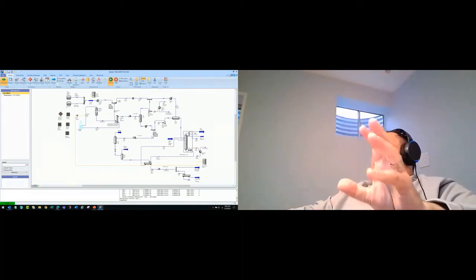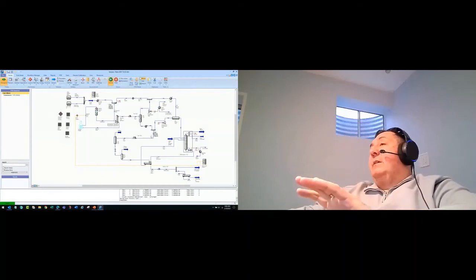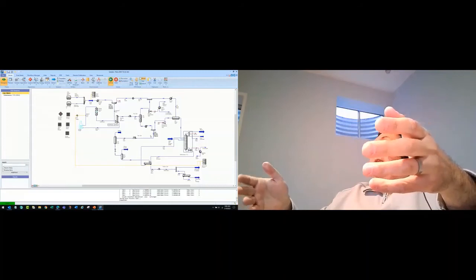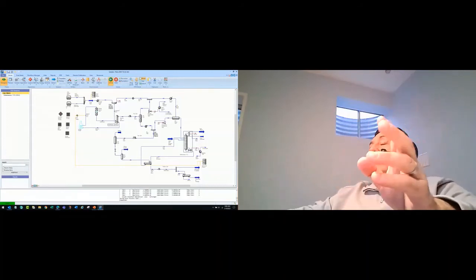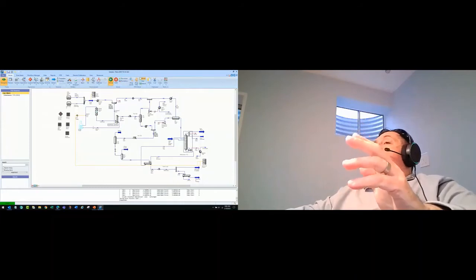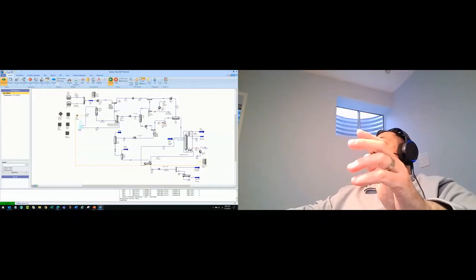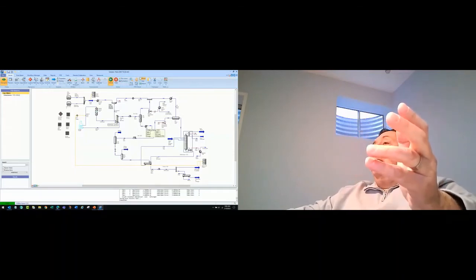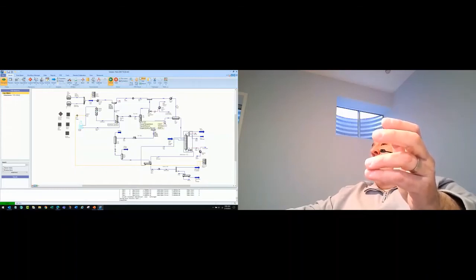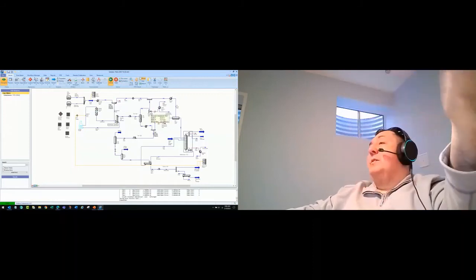And you can essentially make something called an operator training simulator that allows people to respond to essentially fake incidents. So you can use the operator training simulator to say, well, what would happen if this pump died? Well, I would not be pulling liquid out of this vessel as much, so it might fill up with liquid, and then I might send liquid into my compressor, which would cause it to fail.